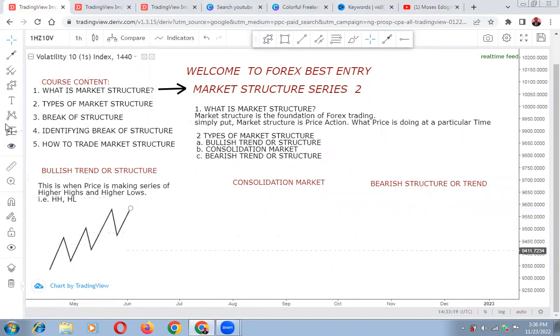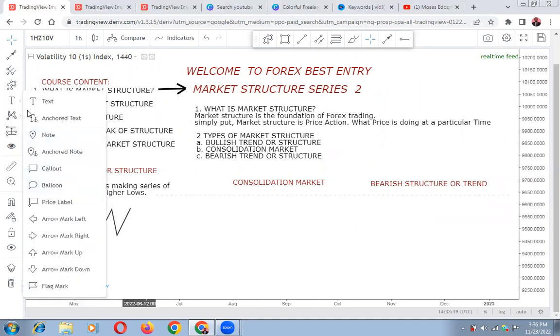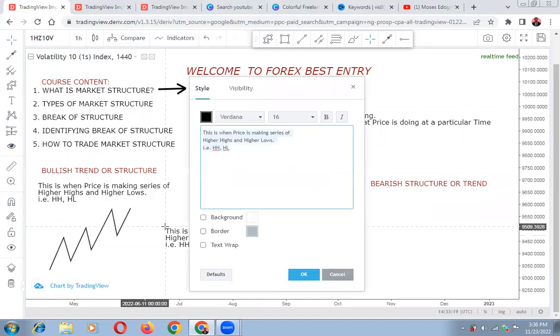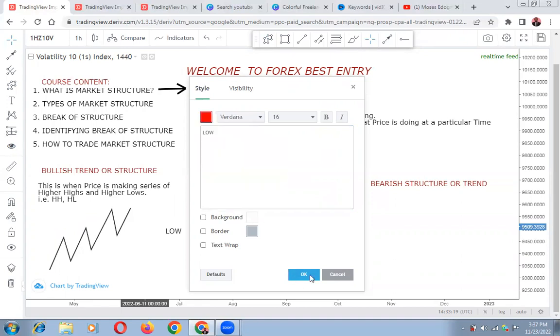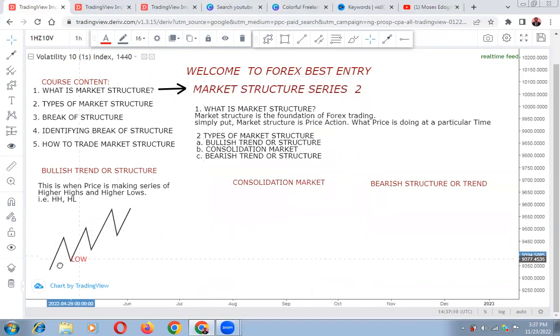So I think I should just write on it. I didn't do that in the first edition, so let me write on this. We have a low. This is a low for me.